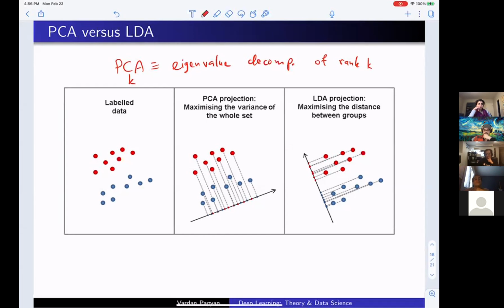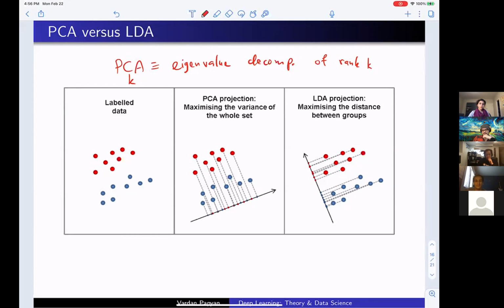Yeah, the covariance, yes. Sorry, I should have said that. So if I give you a data set and you want to do PCA on it, it means that you calculate the covariance of the data set and just do an eigenvalue decomposition of a certain rank on that covariance. Does this answer the question? Yeah, it's exactly like diagonalization of a covariance matrix.